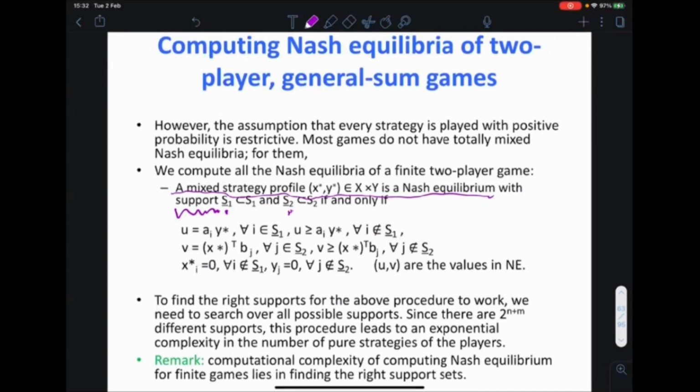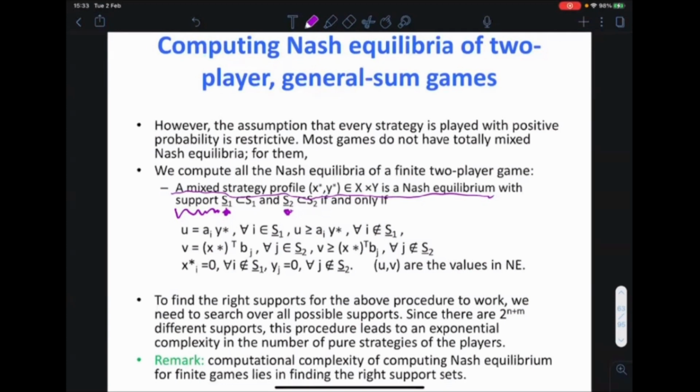Equally, S_1 is a subset of the entire action set that player 1 has, and S_2 is a subset of player 2's action set, and it is the support for player 2.